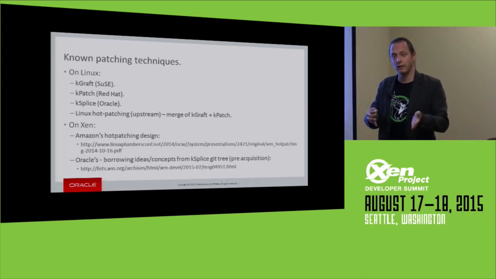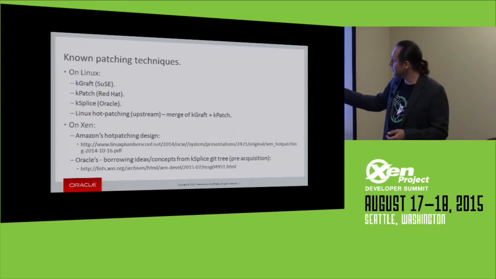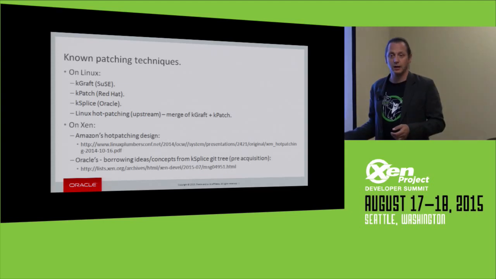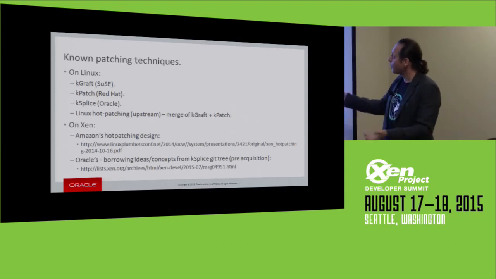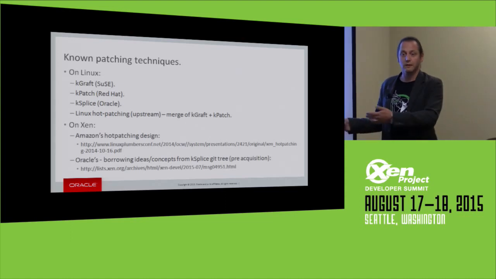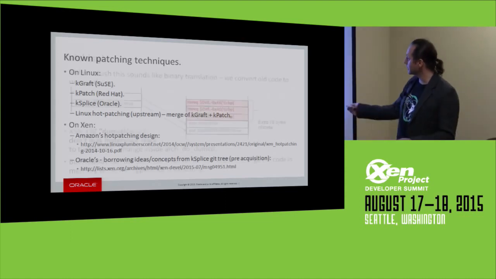Keep in mind, this presentation was presented last year, and I think some of the Amazon reboot the world incidents maybe happened 2 years ago. I'm not exactly sure on the time. Whatever it is, the point is we need something in Xen, and this is what this presentation will be talking about.